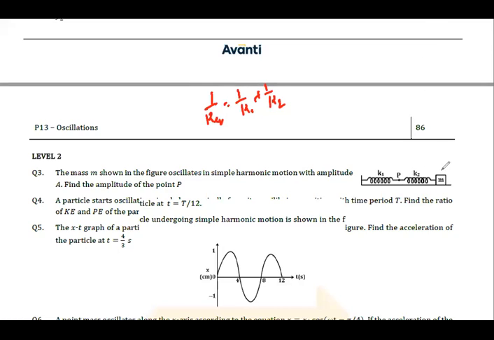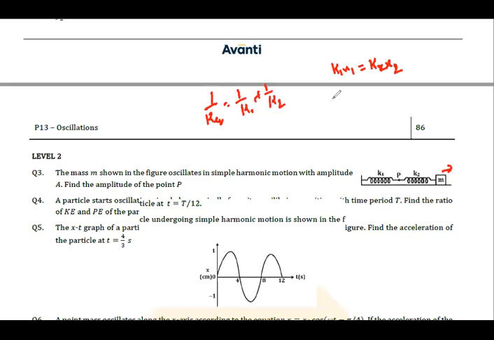And what do you think about the force? Force will be equal for both or different for both? Equal, right? So if force is equal, can I say k1x1 should be equal to k2x2? Yes or no?